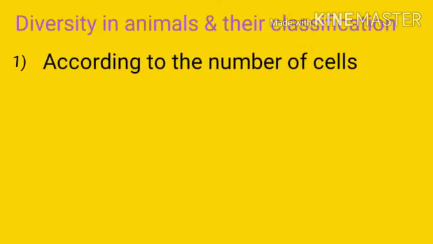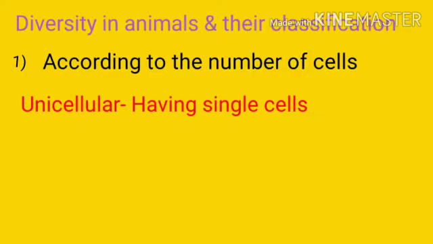Now, the topic is diversity in animals and their classification. First point, as you know, our body is made up of cells, and according to the number of cells, animals are divided into two types. First one is unicellular, second one is multicellular.